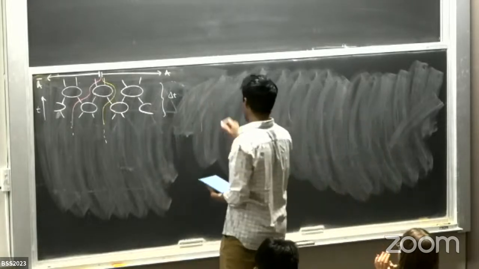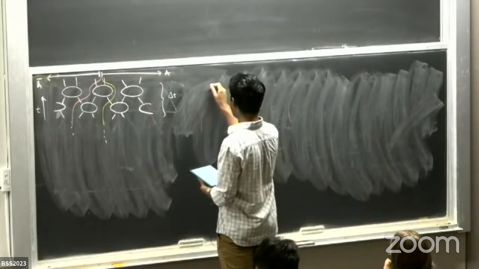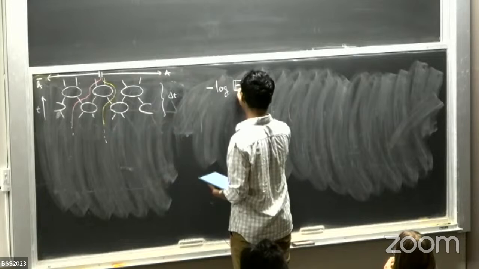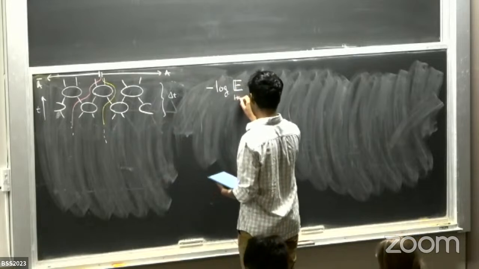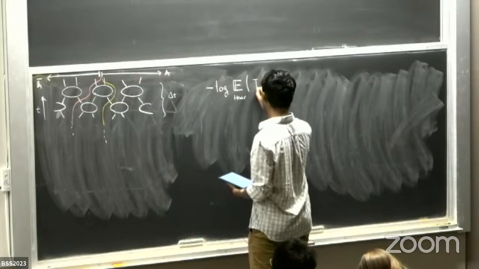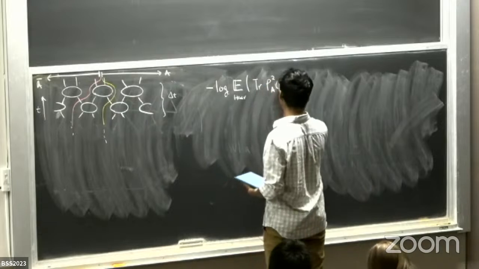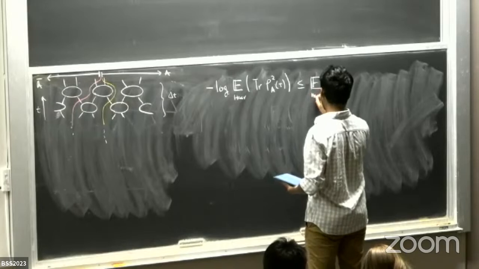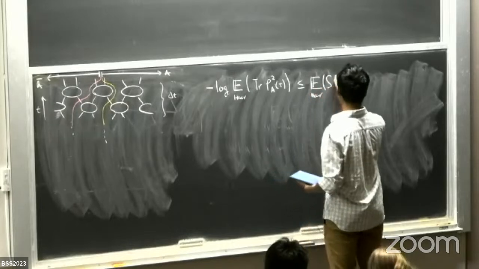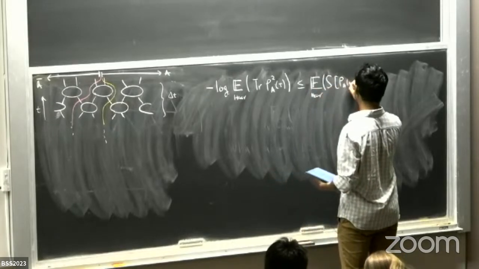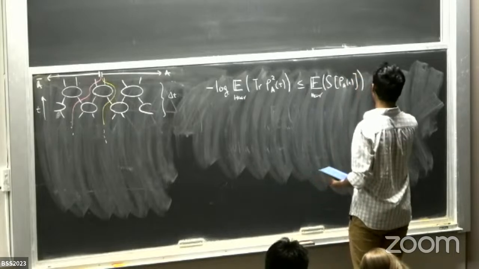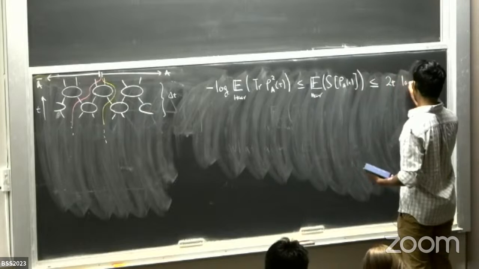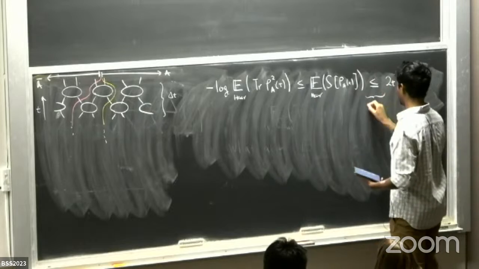So from that, what do we find? Well, we know this is true. Let me just state it again. This is less than or equal to the Haar average of S of rho A, and this is now less than or equal to 2T log Q. So this is coming from the minimum cut.